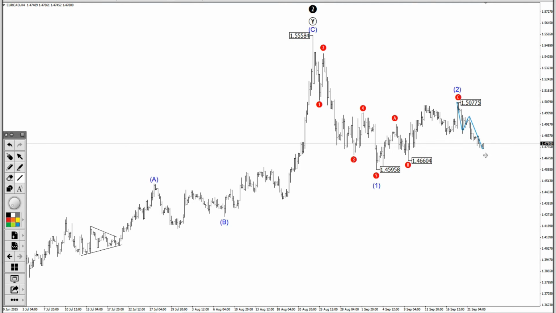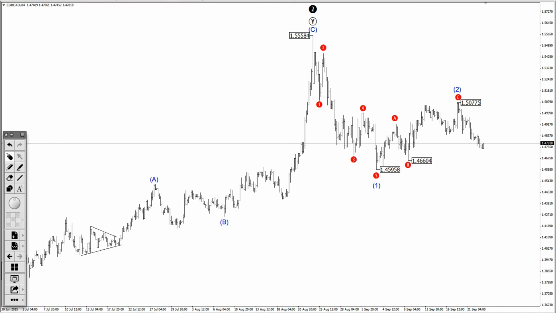So once we see a 5-wave structure, then we can start to think about projecting targets more accurately once we are more certain that this has indeed reversed and the correction, the minute wave correction, is over. So more downside is expected here as well, and this is supporting the view that there is going to be more and more euro weakness across the board.